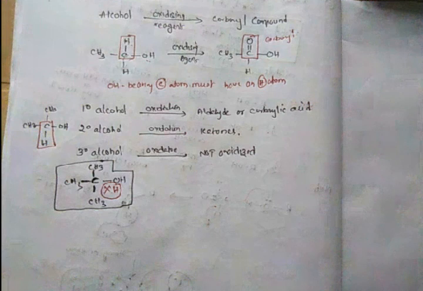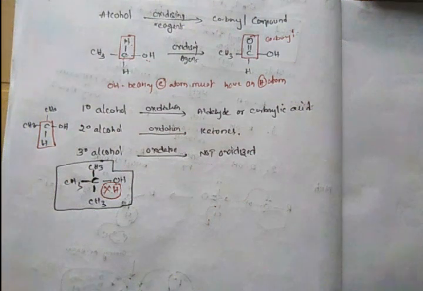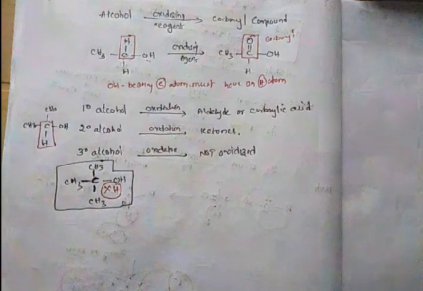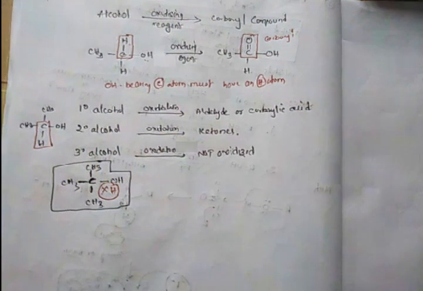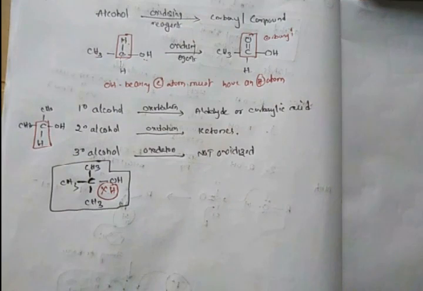On oxidation of primary alcohols, we will obtain aldehydes or carboxylic acids as products. When a secondary alcohol undergoes oxidation, it will produce ketones. But tertiary alcohols, because they don't have a hydrogen, generally don't undergo any oxidation reaction. So tertiary alcohols never undergo oxidation. So this is the introduction to the oxidation of alcohol.